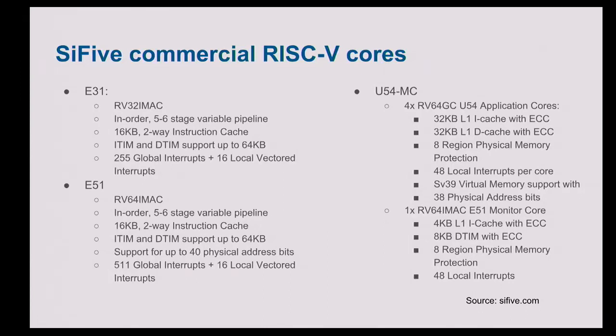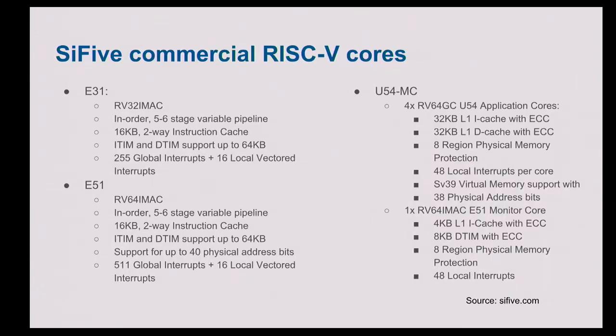Anyway, these are the cores that SiFive is currently offering. These E series are based on this Rocket Chip, basically Rocket Chip with some secret sauce, which enables production, and U54 is based on the Boom core.